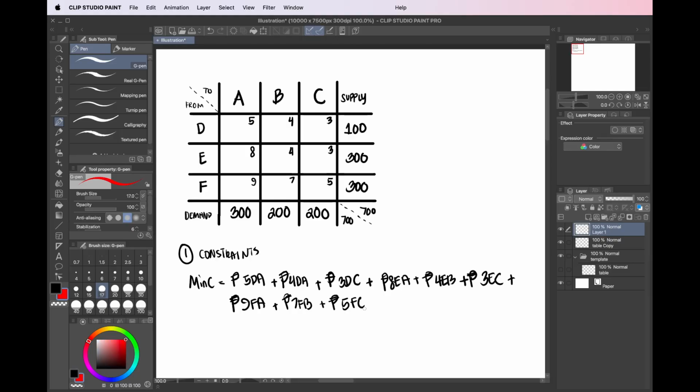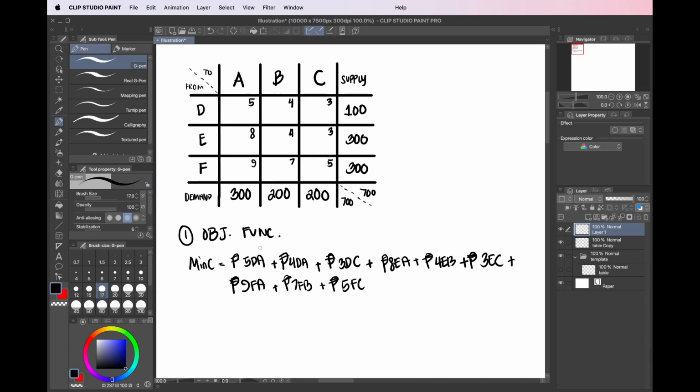So this is your constraint, right? Sorry, that is a correction. This is rather the objective function. My bad. Objective function. So you can see here that this is your first row, here. The next is your second row, here. And next would be your third row for your objective function.